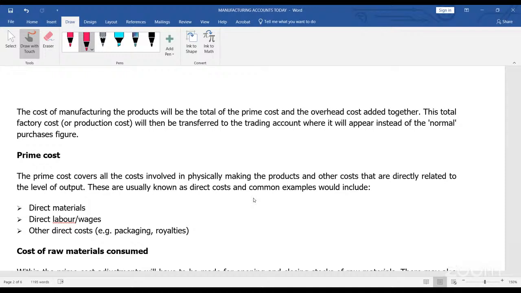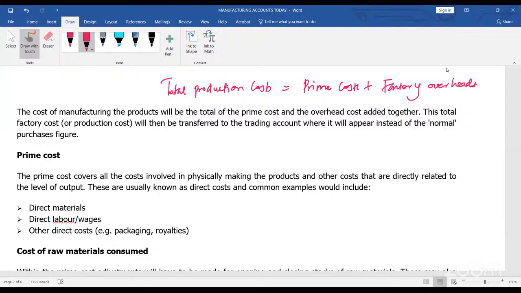So the total production cost, the cost incurred to do production, will equal the prime costs plus the factory overhead.